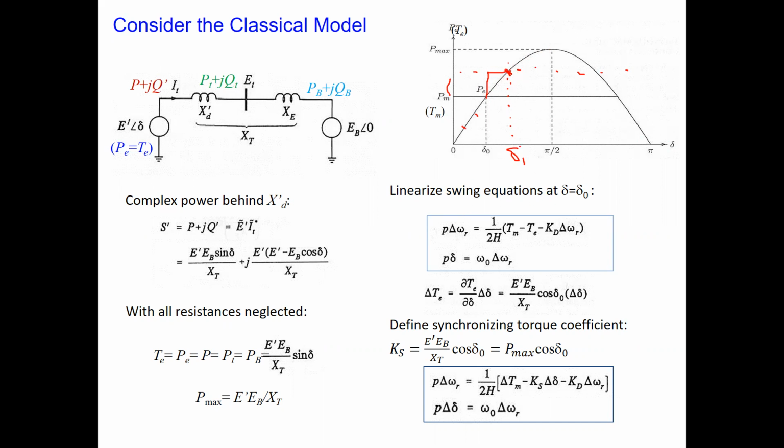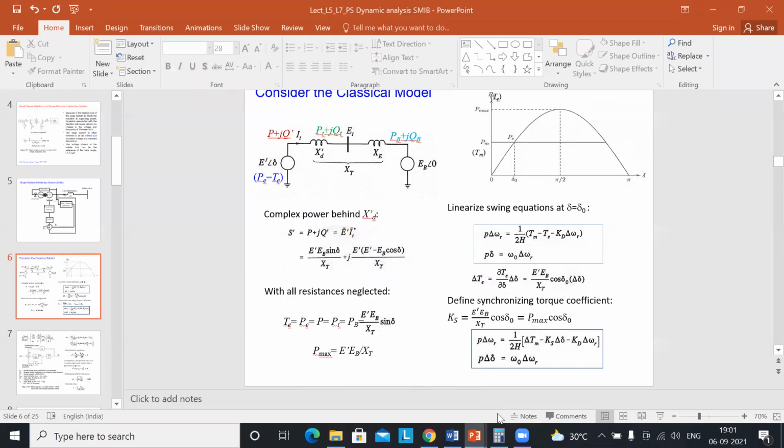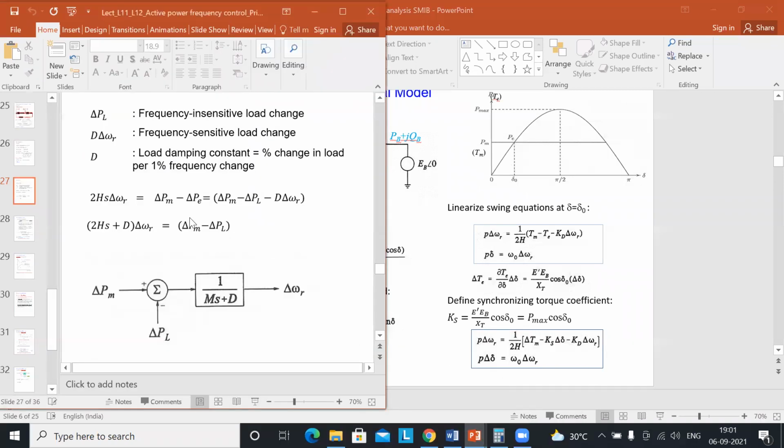Now, this was the equation that you have, and let us linearize it around the initial operating point. So we substitute delta equal to the steady state value, the initial angle. Now, from the same relationship we had earlier, it is the same form of the relationship here, right? 2H s delta omega and then this term.